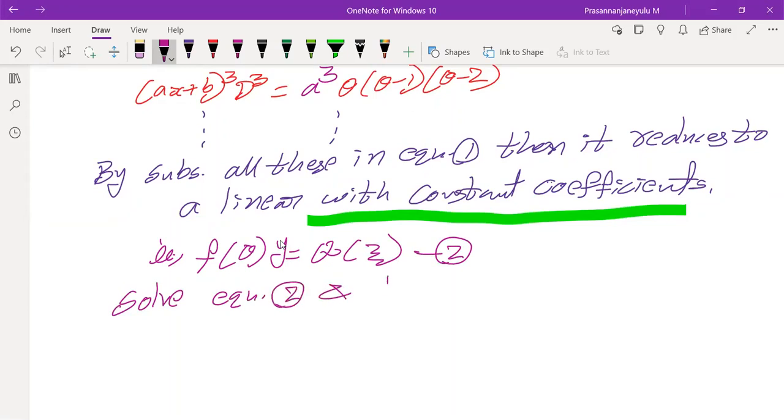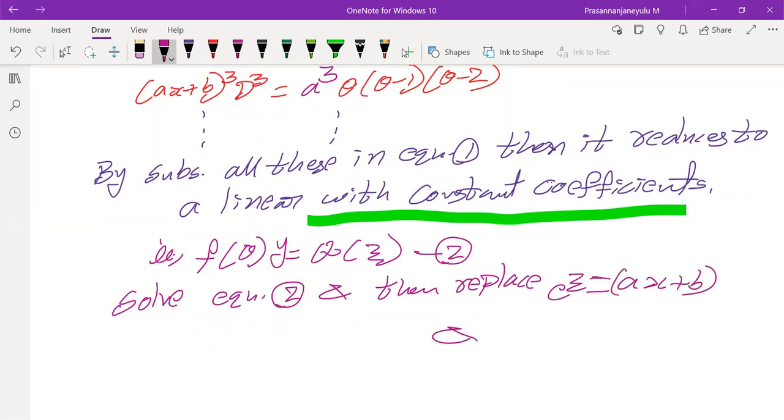And then what do we have to do after solving this? Then replace e power z equals ax plus b, and in the same manner z equals log of (ax plus b).